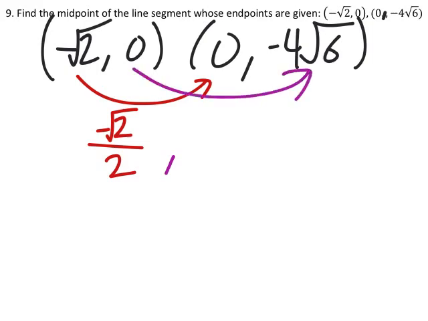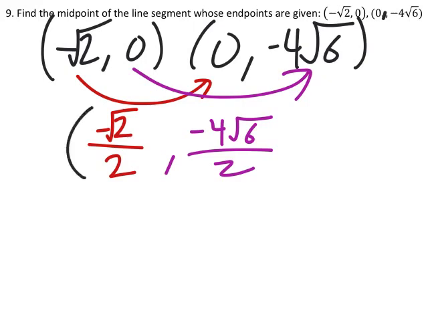Then how far away is -4 square root of 6 from 0? Well, cutting that in half would just take -4 square root of 6 and divide that by 2. Alright.